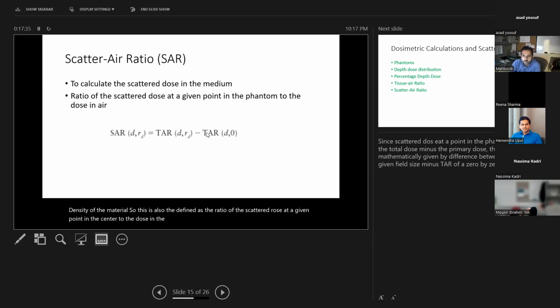Since scattered dose at a point in the phantom is equal to the total dose minus the primary dose, the scatter air ratio mathematically equals the difference of two TARs: TAR for a given field size minus TAR for the 0 by 0 field size. Means you are just eliminating the contribution of the primary.